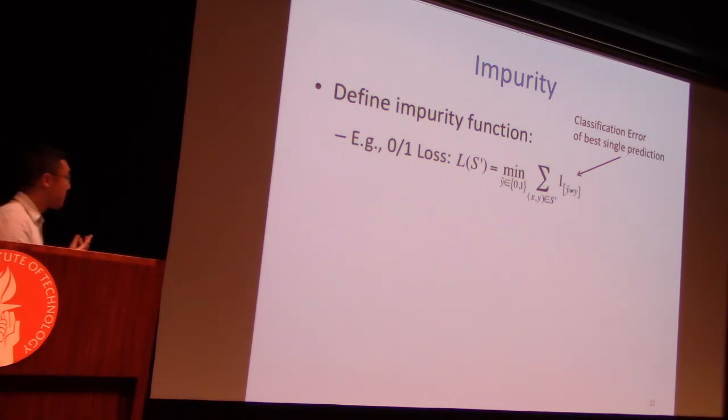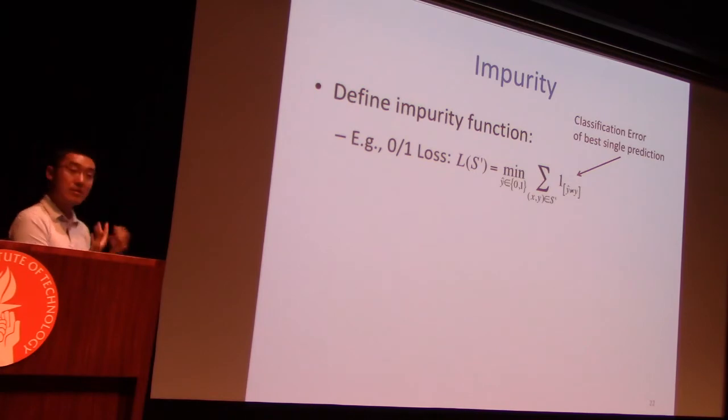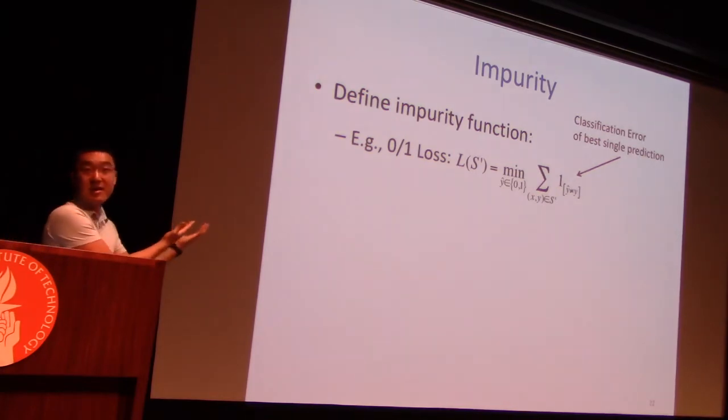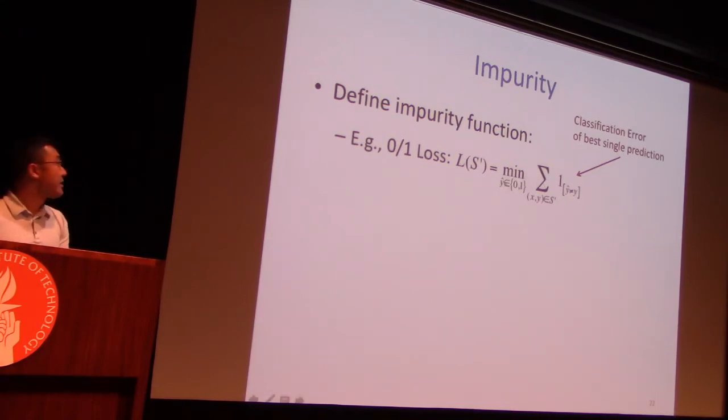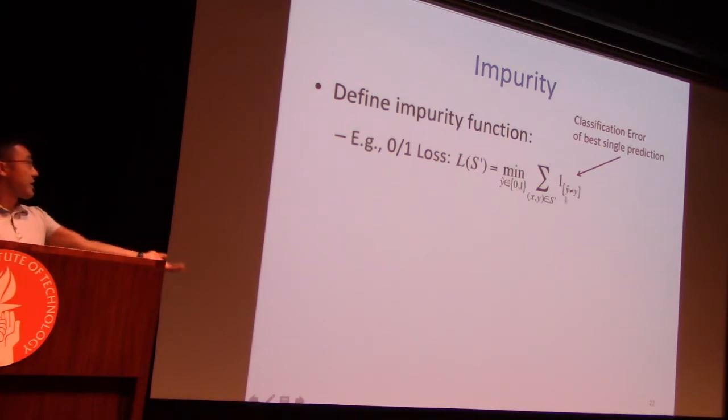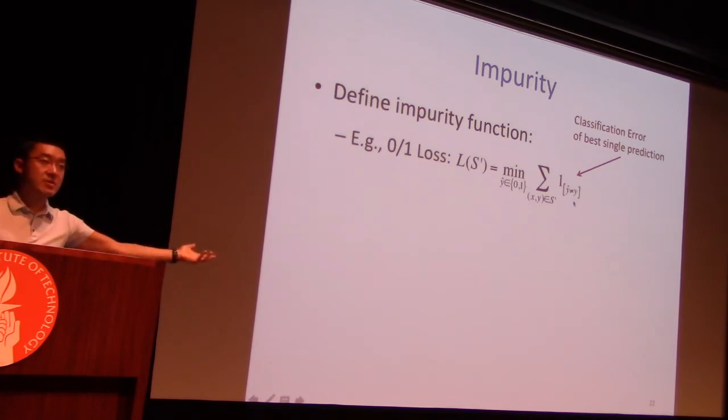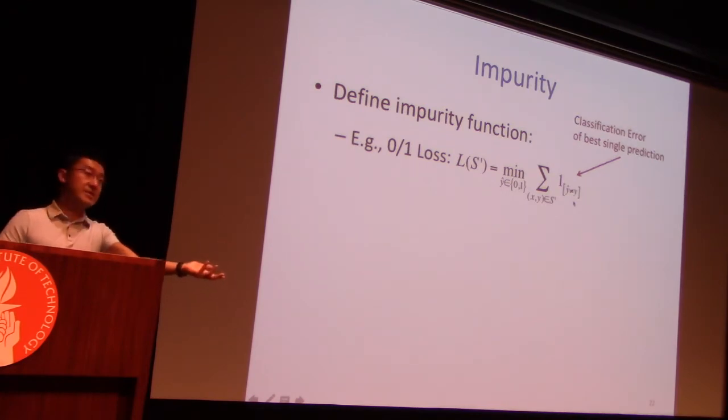The impurity that we ultimately care about, in the case of classification, is 0-1 loss. You can think of this as, if we assign a label to the leaf nodes, what is the classification error? How many data points in this node belong to the minority class?